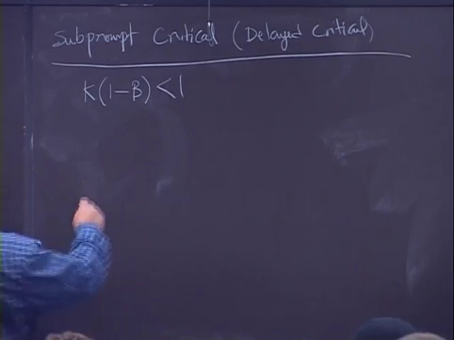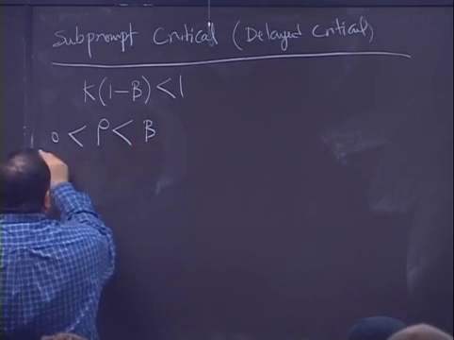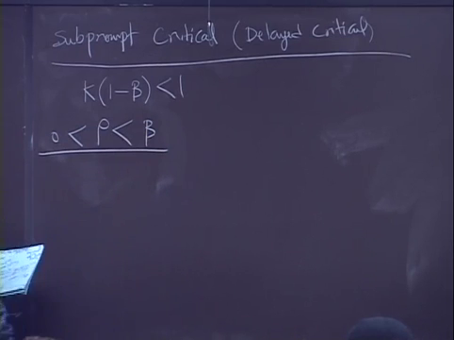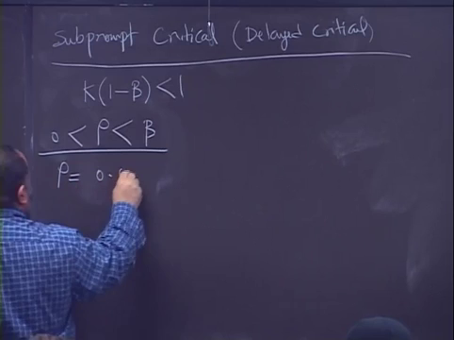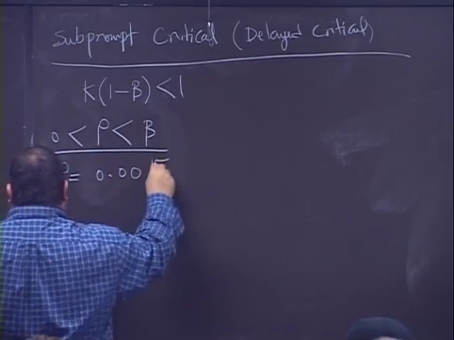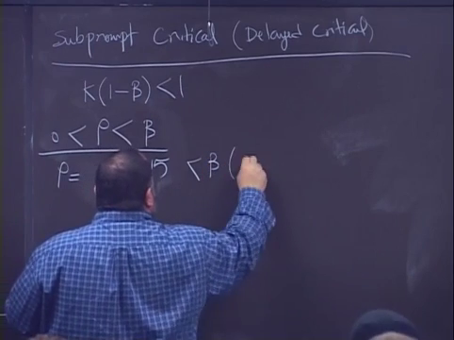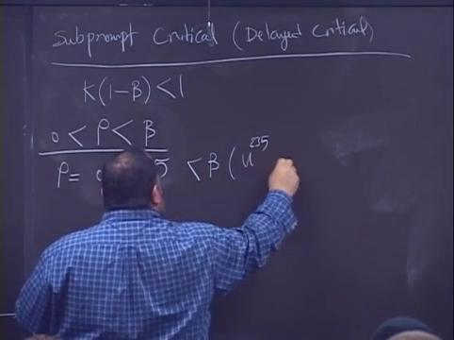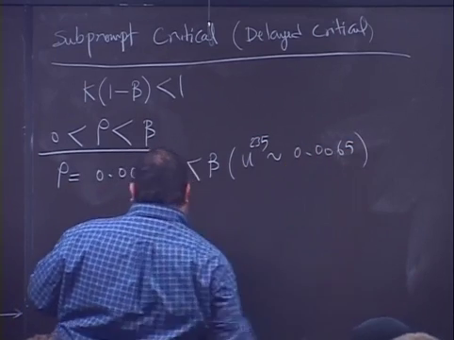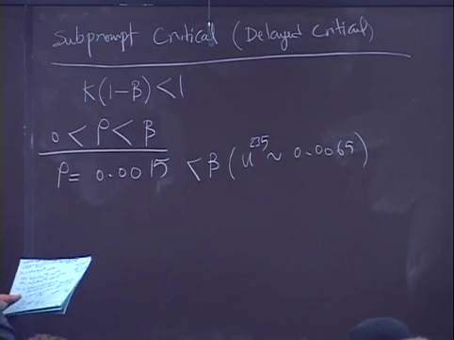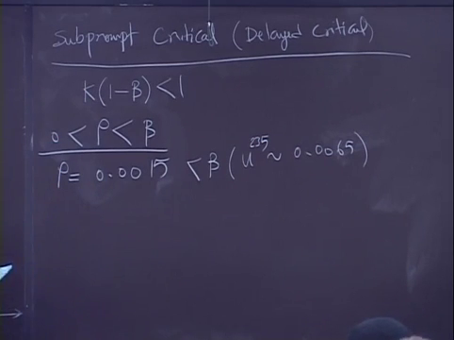So here rho is greater than 0, but still less than beta. Let's assume that you insert rho of 0.0015, which is less than beta. For uranium 235, beta is nearly 0.0065. Sometimes they write it 0.0075 or 0.0065, but okay.